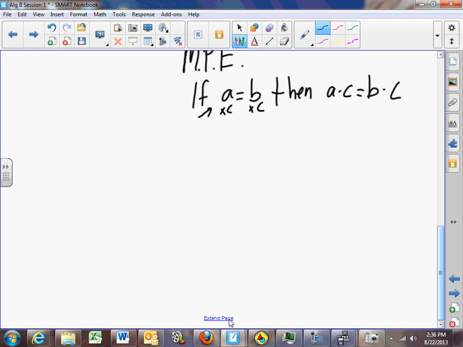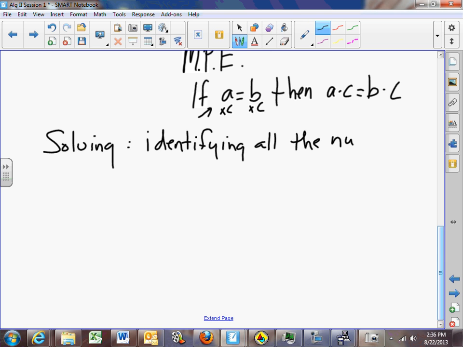Now, using the properties of equality, we want to talk about methods of identifying solutions. If you have a linear equation, identifying a solution, or solving an equation, simply refers to identifying all the numbers that make the equation true.